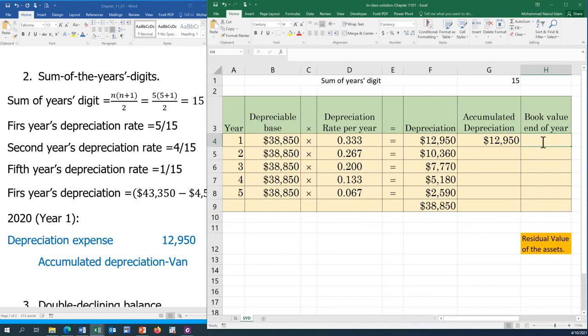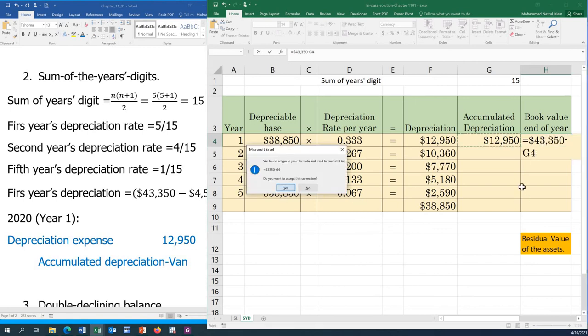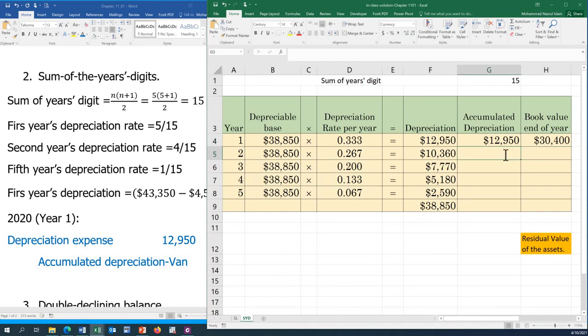The accumulated depreciation for the second year is the first year's depreciation plus the second year's depreciation.